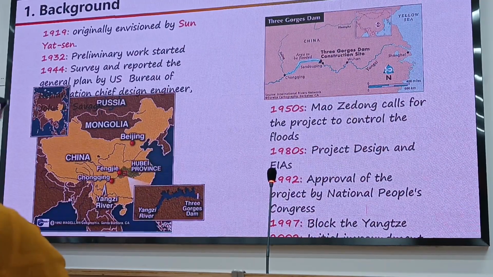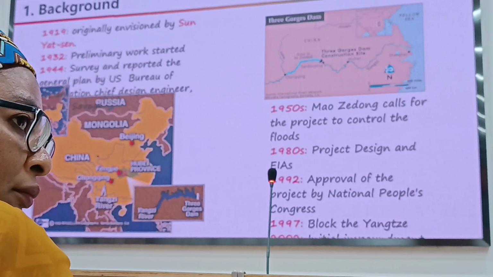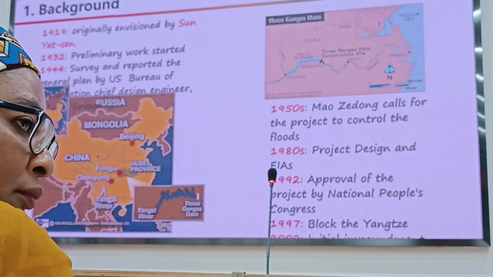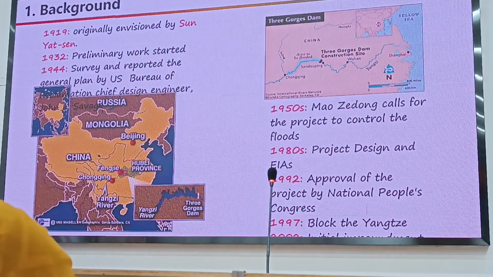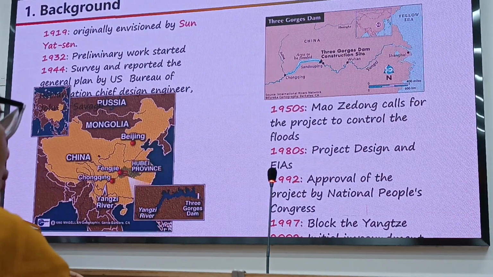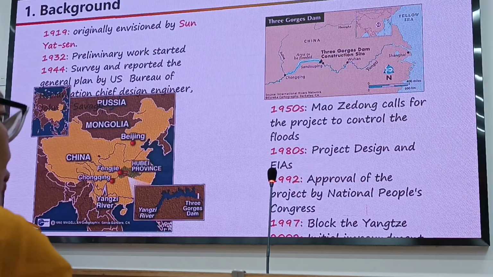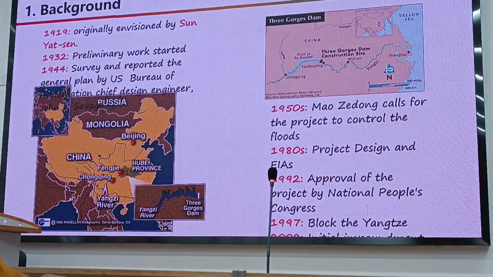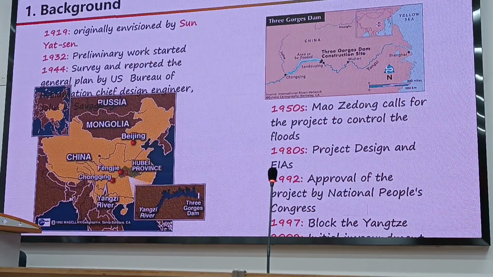Sorry, why was it initiated at that time by the U.S. Army? You know that Sun Yat-sen is currently called the father of modern China, because he led the Xinhai revolution to end the Qing dynasty.